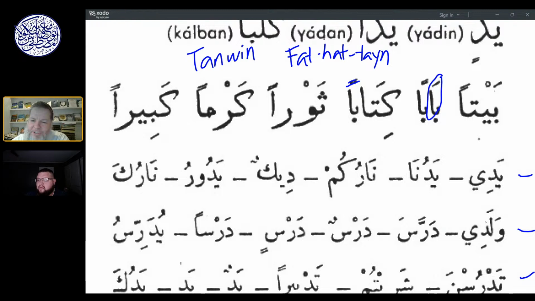Or as we'll see in a minute, it helps carry the hamza, which we'll get to after we get finished with the letters today. So I don't extend the sound though when it has the fathatain. No, you don't have to extend it. Thawran. It's just here to help carry the fathatain. Okay. Kalban. Kalban.